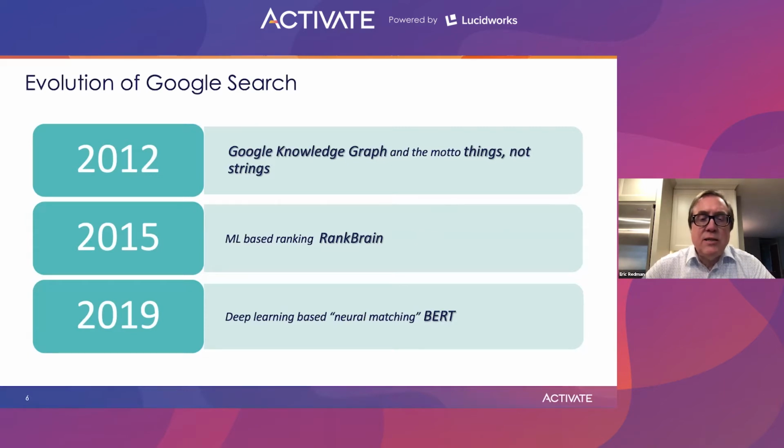And then in 2019, Google announced and released to the community BERT. They called this neural matching. This is really where people got going with the semantic vector search that I was talking about.